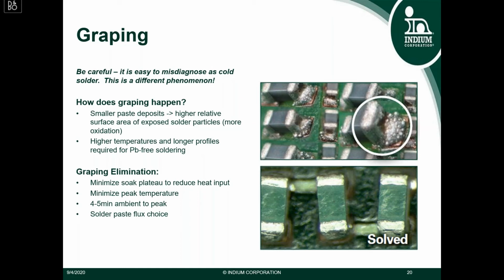Minimize the peak temperature while also taking into consideration the solder paste manufacturer's recommendation on the data sheet for a profile. And make sure that your assembly is going through a reflow profile that is generally about 4 to 5 minutes long. Any longer than that, you could be exhausting the flux and allowing those solder particles to oxidize.